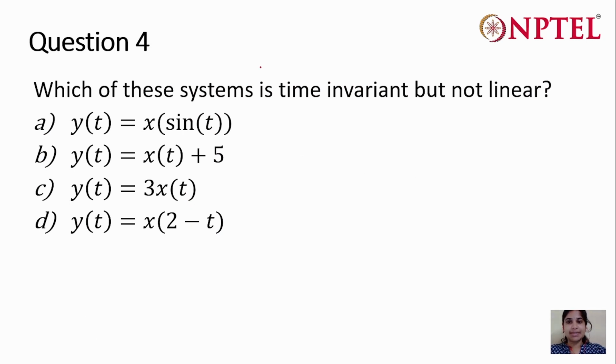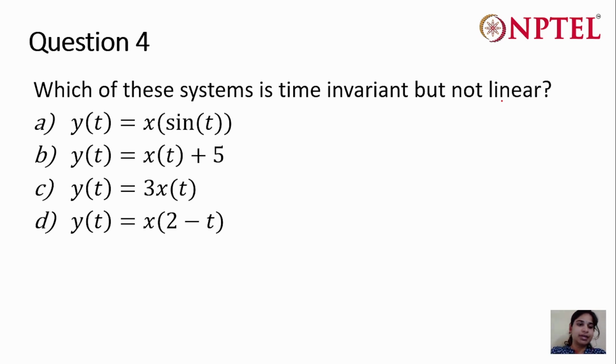Which of these systems is time invariant but not linear? It should be time invariant, but it should not be linear. So first, what you can do is follow an elimination strategy. It is not linear is the question.